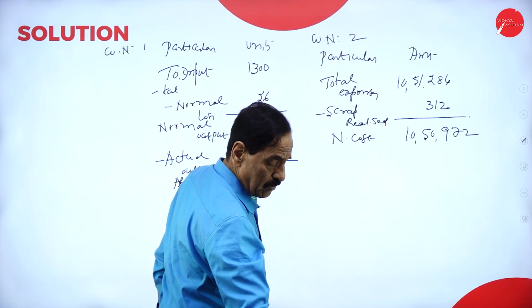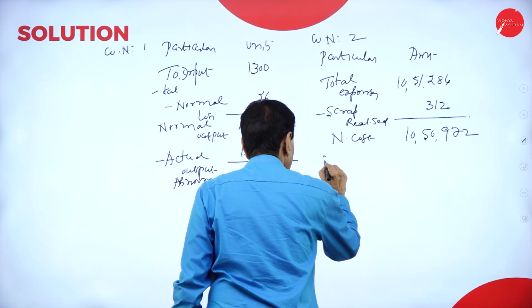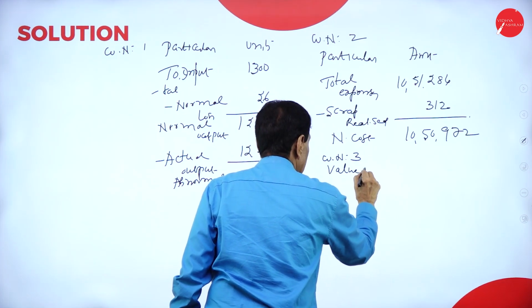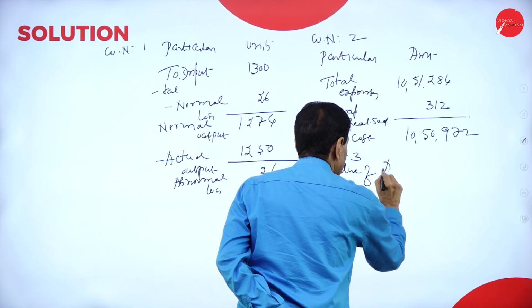Then working note number 3, value of abnormal loss.